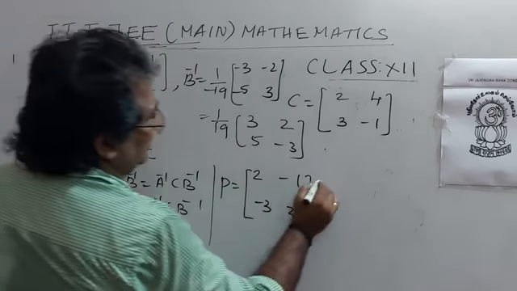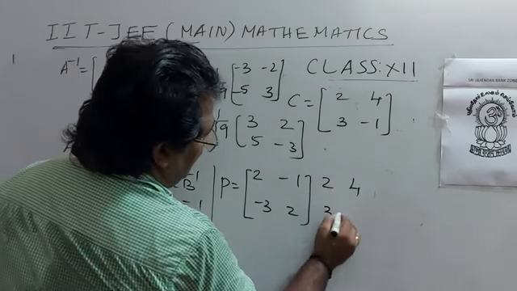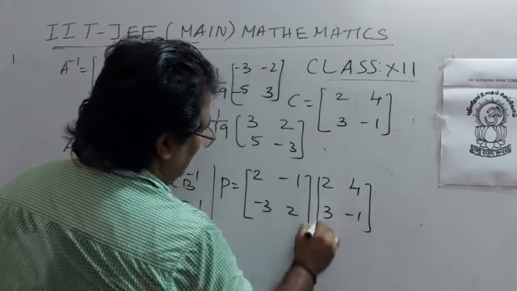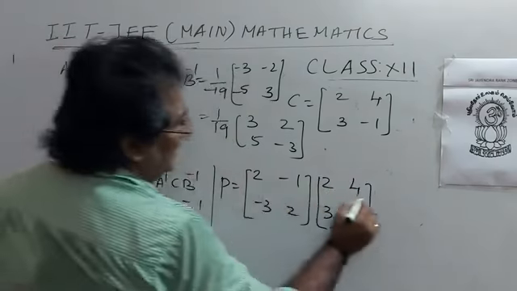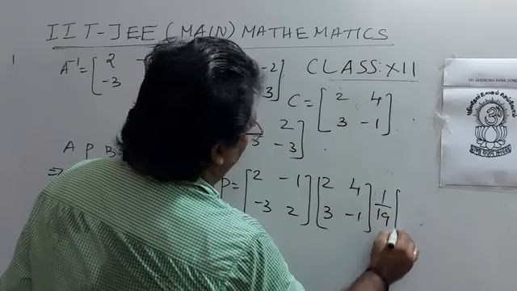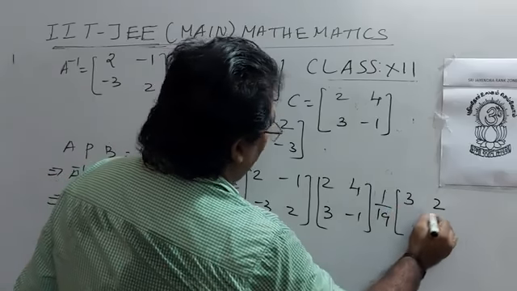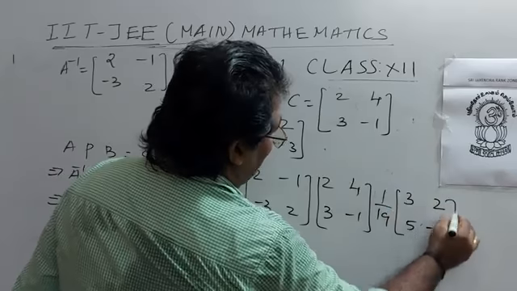C is nothing but [[2, 4], [3, minus 1]], and B inverse is 1 by 19 [[3, 2], [5, minus 3]].